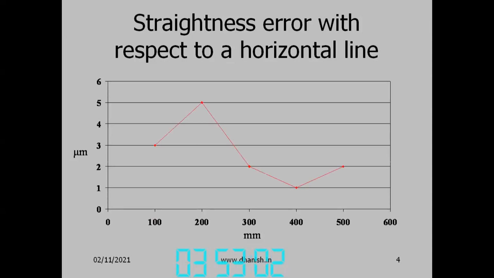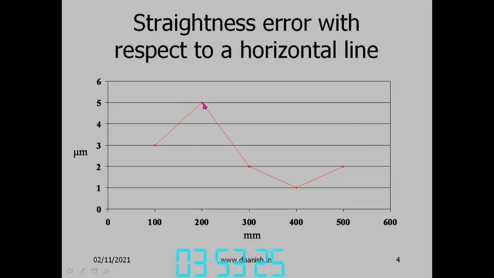You move the spirit level over the surface and get the inclination at various positions. You have this angle, this is one line. What is this angle? This angle, this angle. Like that, you can draw this line.